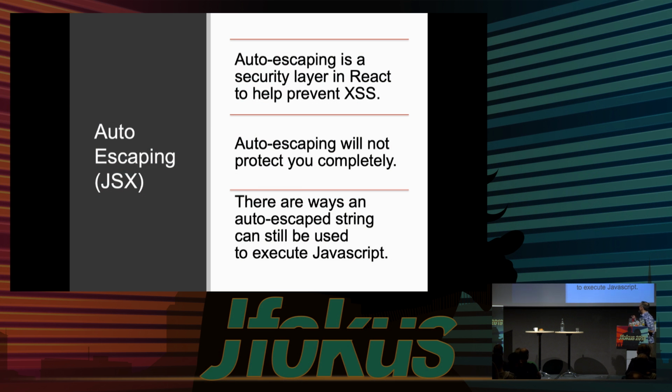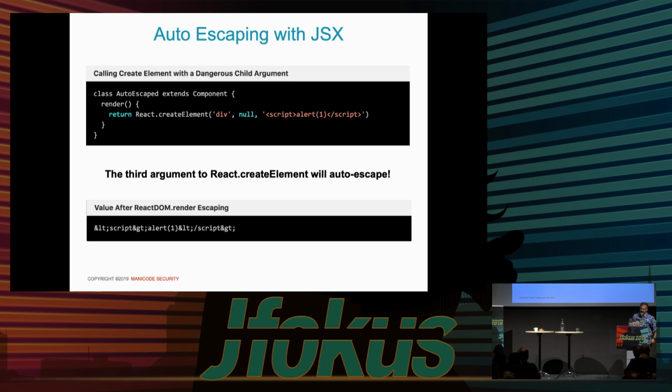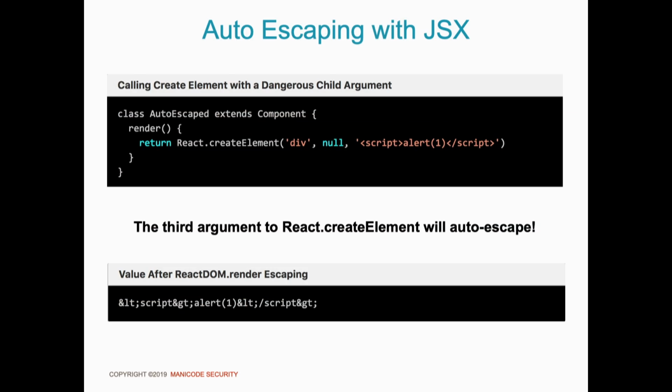But there are ways I can get around it as a security researcher. Let's look at this. Even if you decide to pass something dangerous into the third argument of React.createElement, which will then call ReactDOM.render, this will automatically get escaped. If it lands in your browser unescaped, it executes whatever that payload is. Here, it doesn't execute in your browser.